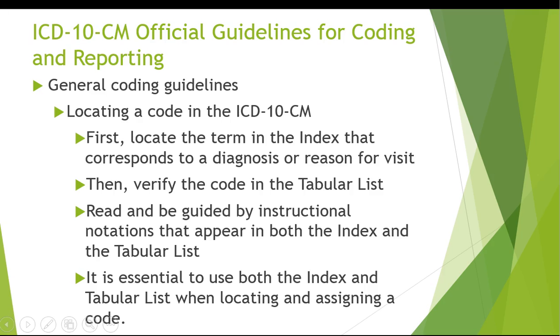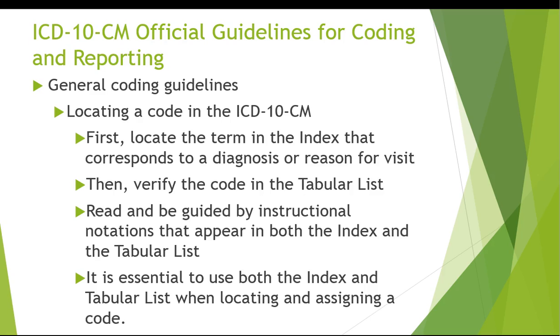The guidelines are going to be your foundation for ICD-10 coding. So you want to make sure that you are familiar with them and that you know where to look them up. Remember, you're going to locate a code in your ICD-10 book by first locating that main term in the alphabetic index that corresponds to the diagnosis or the reason for the visit.